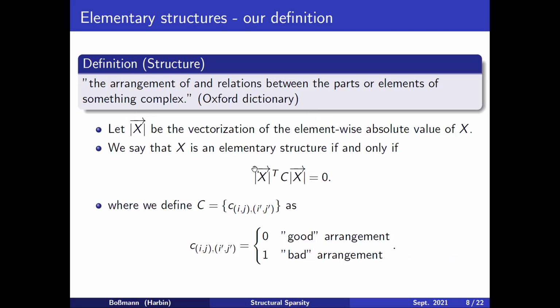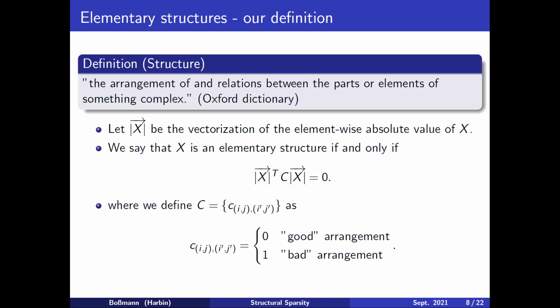If you write out this quadratic form, you will see it is basically just a sum of all the relations between two elements of the vector, in the matrix. So this gives us a relation between pairs of pixels in our matrix.